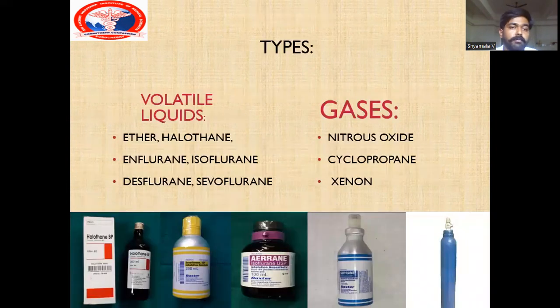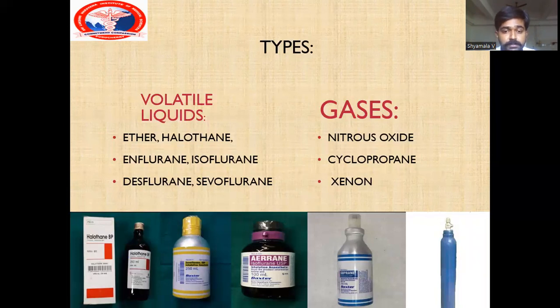What are the types of volatile agents? All the volatile agents will be converted into a gaseous state, and then we introduce it to the patient. Normally, what is their nature? Whether it's in a liquid state, a solid state that gets evaporated, semi-solid, or gaseous.